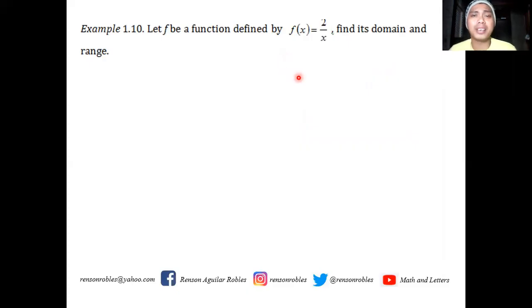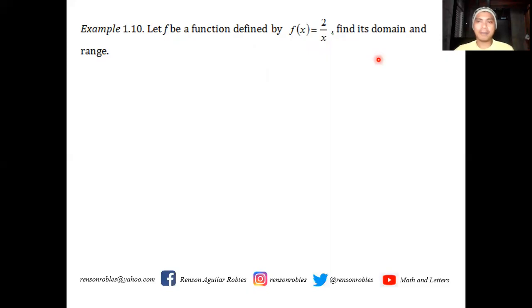Say, let f be a function defined by f of x equals 2 over x. If we want to find its domain and range, again, this is a rational function of the form p of x over q of x. So we know that whenever you are given a fraction, the denominator should not be equal to 0. Why?